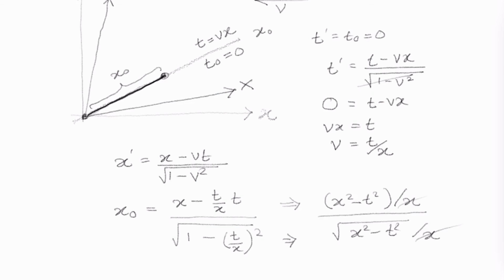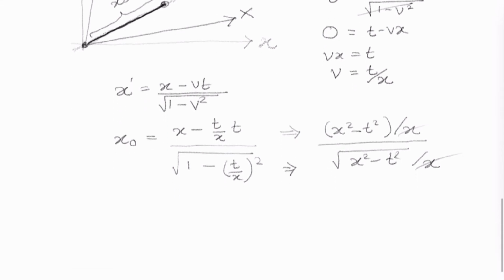So x cancels off. X squared minus t squared divided by square root of x squared minus t squared. So x naught is square root of x squared minus t squared.